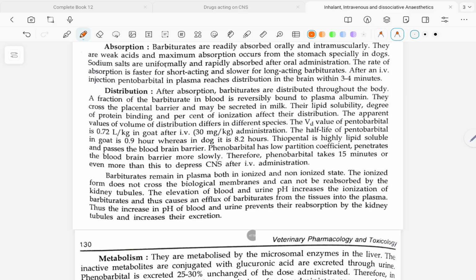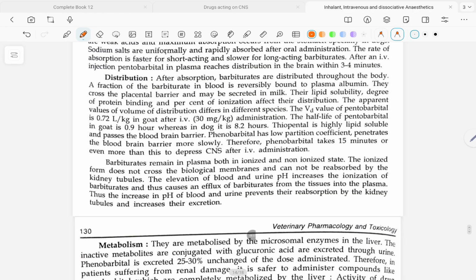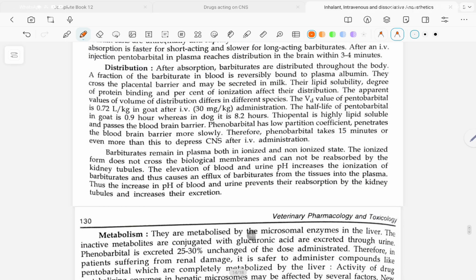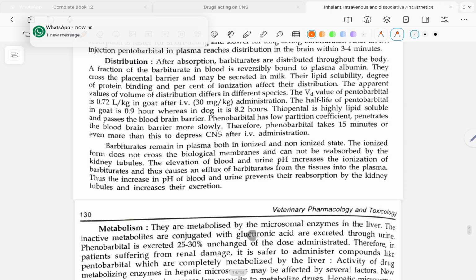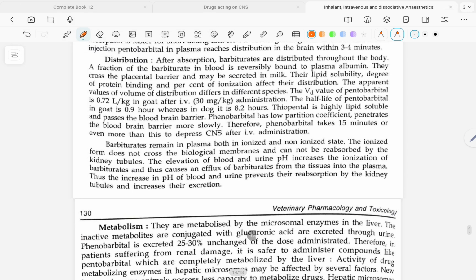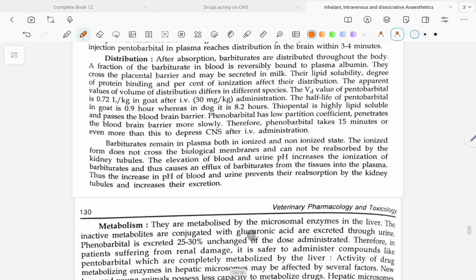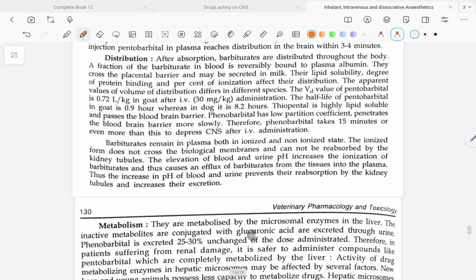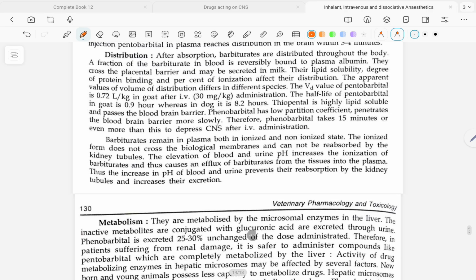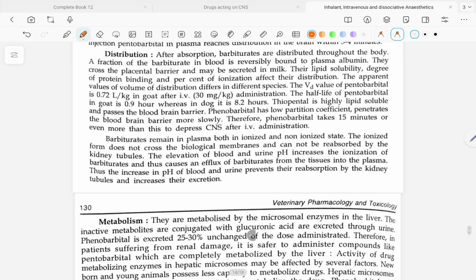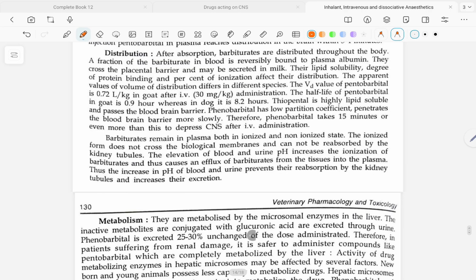Distribution. After absorption, barbiturates are distributed throughout the body. A fraction of the barbiturates in blood is reversibly bound to plasma albumin. They cross the placental barrier and may be secreted in milk. Their lipid solubility, degree of protein binding, and percent of ionization affect their distribution.